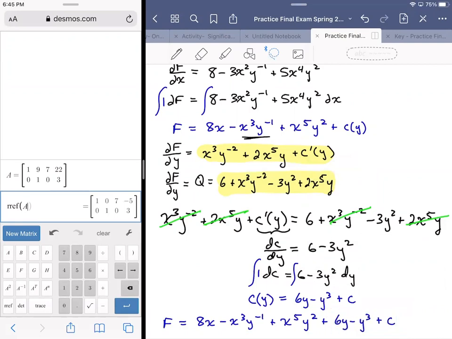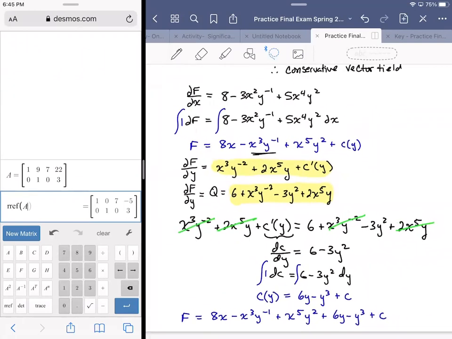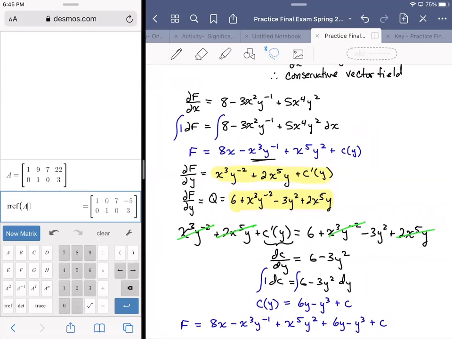And if we had some kind of initial condition, then we would use that condition to figure out the value of c and get a particular solution. In this case, we can only come up with the general solution. So a lot of stuff going on with that.